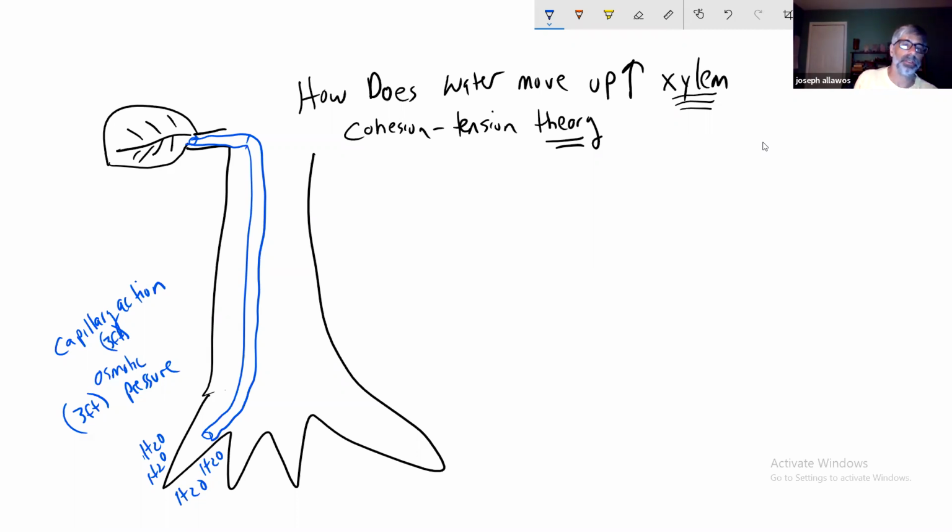So then they came up with this theory, and it's called the cohesion tension theory, that the basis of the theory has to do with the fact that water is polar, right? Water sticks to itself. It has cohesive properties. Cohesion means it sticks to itself like this. Everywhere you have a hydrogen of one water molecule, it's attracted, this is a slightly positive charge, it's attracted to the slightly negative charge of the oxygen, et cetera, et cetera. So the theory goes like this: when the plant is first born and it's very small and short, a water column forms.